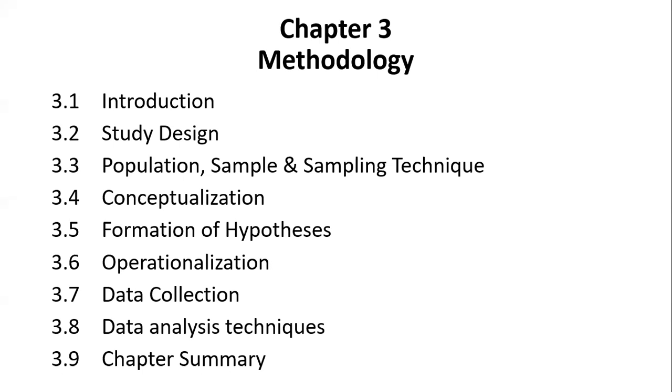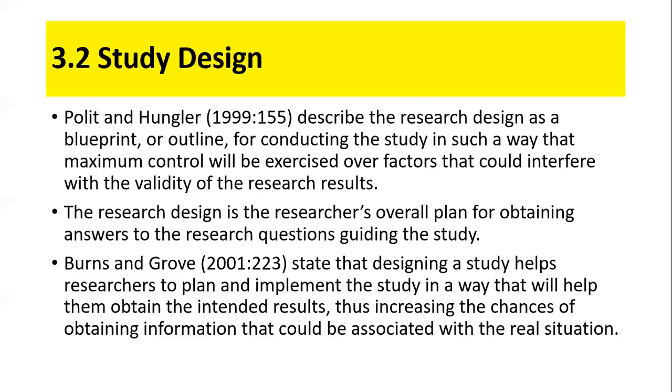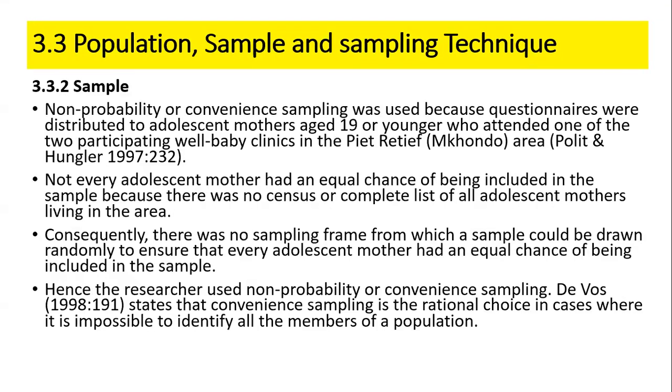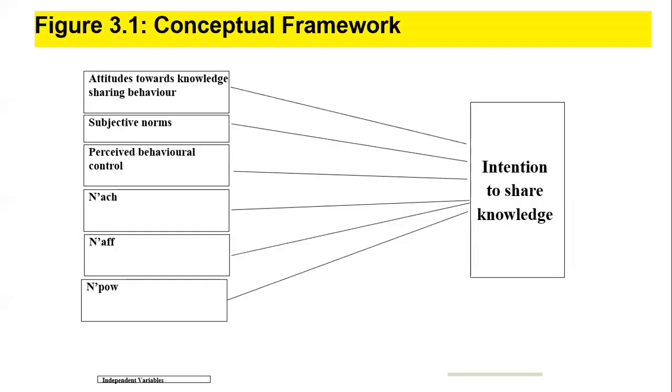3.5 Formation of hypothesis. So now the next step is hypothesis. Go back to your research methodology notes, go through them and refresh your memory. Basically there are directional hypotheses, non-directional hypotheses, null hypotheses, and so on.